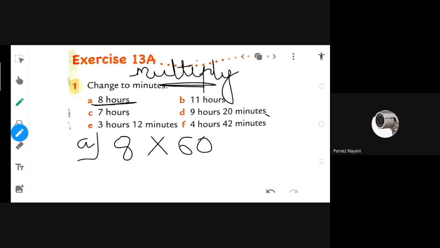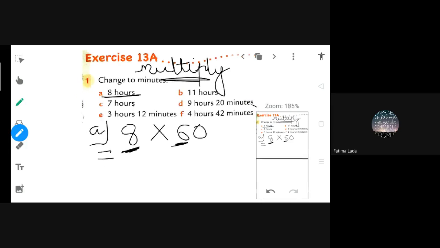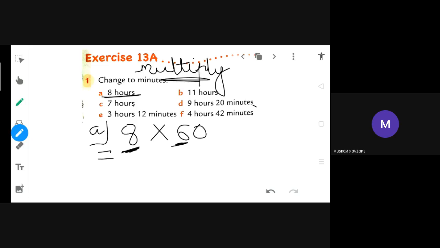Now, what is the shortcut here? We directly multiply 8 sixes. What is 8 sixes? 8 sixes are 48. And then you can see this 0 is given, so that 0 we have to put. Answer will be 480 minutes.